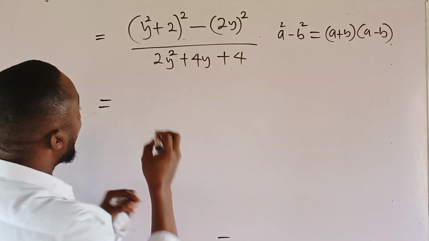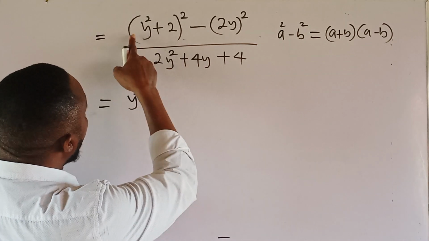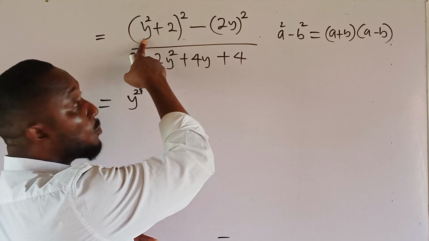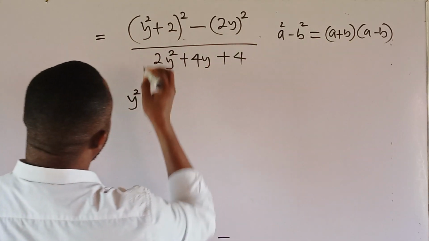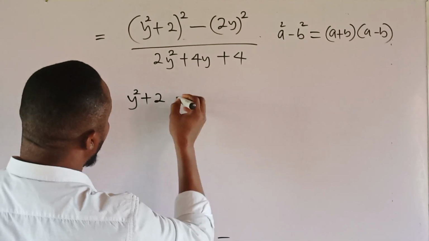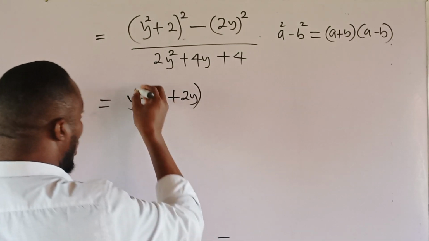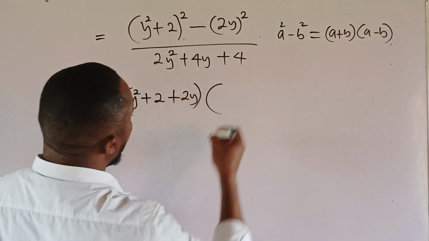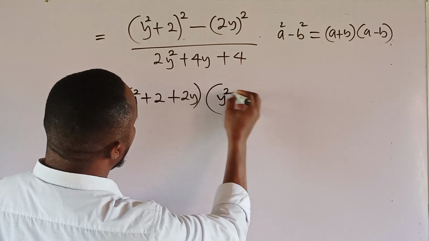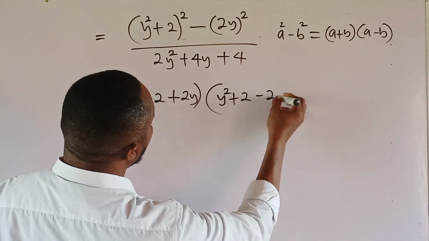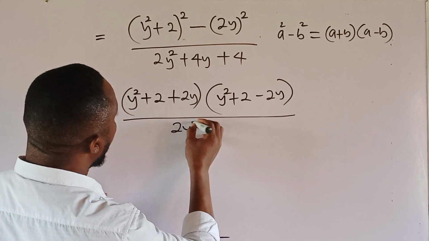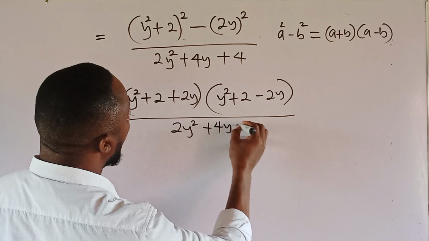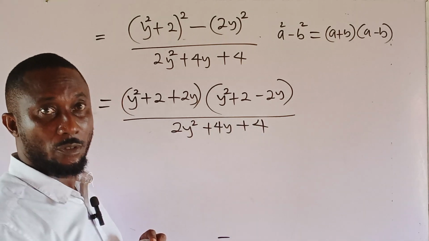Our a is actually, in this problem, y squared plus 2, and b is 2y. So if I add a plus b, that becomes y squared plus 2 plus 2y in one parenthesis. In the other parenthesis, I'll have y squared plus 2 minus 2y, everything upon 2y squared plus 4y plus 4.